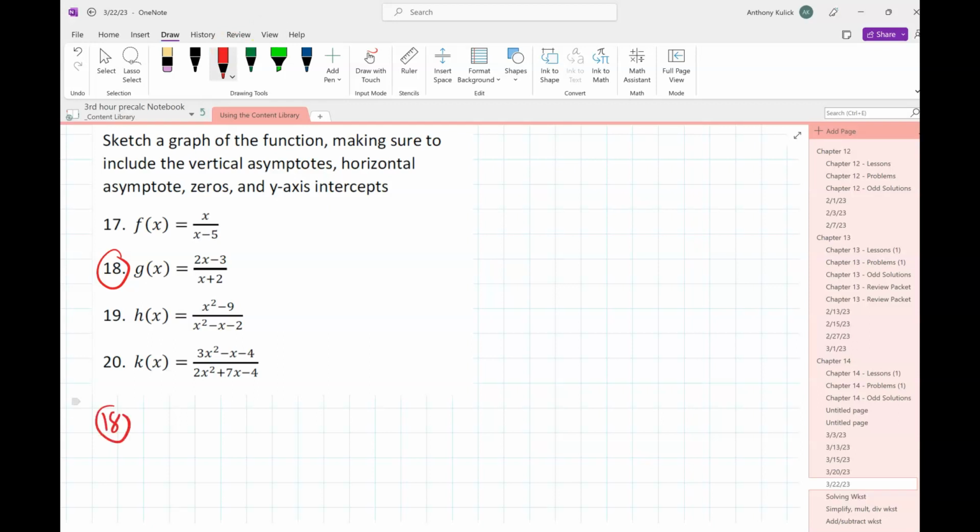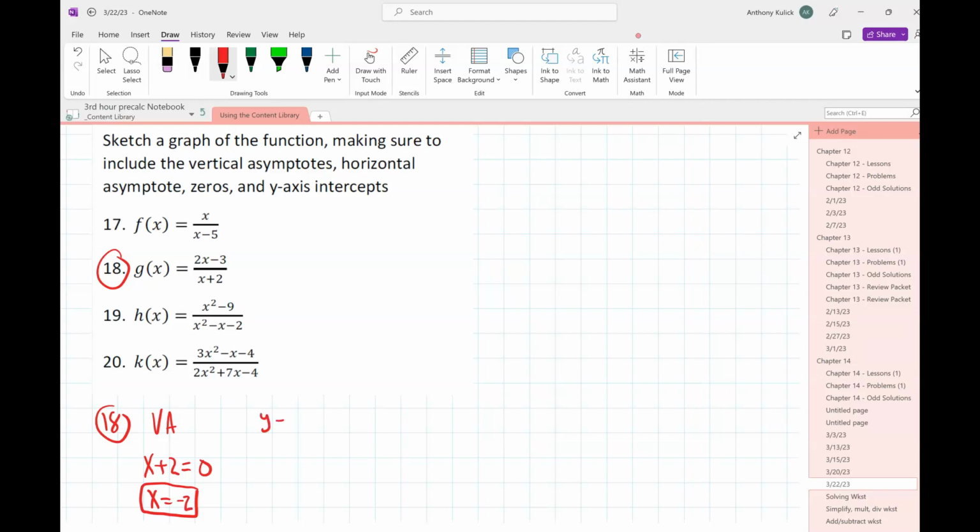So it asks us to sketch the graph, including the vertical asymptotes, horizontal asymptote, zeros, y-axis intercepts. So we'll start with the vertical asymptotes. There I'm just going to take the denominator, since it's already in a factored form, and set it equal to 0. So x equals -2 is my vertical asymptote.